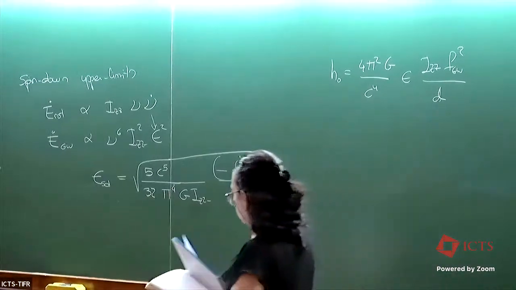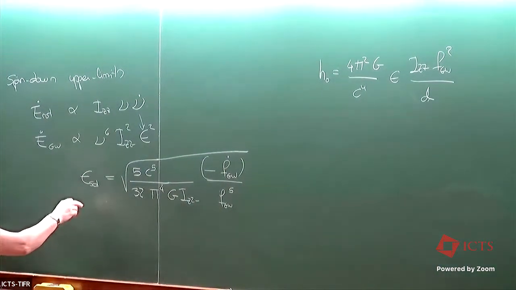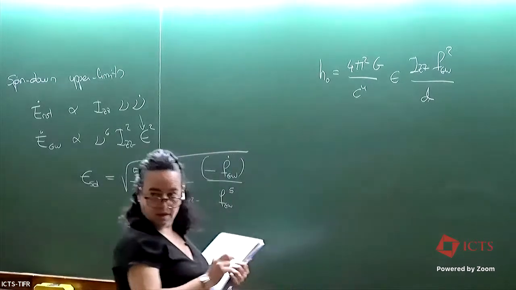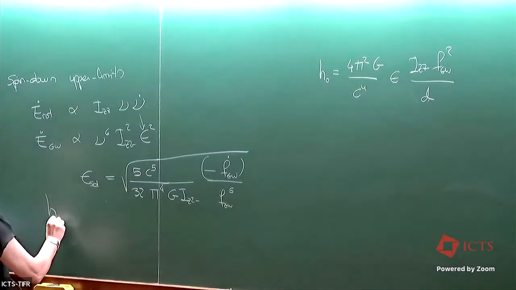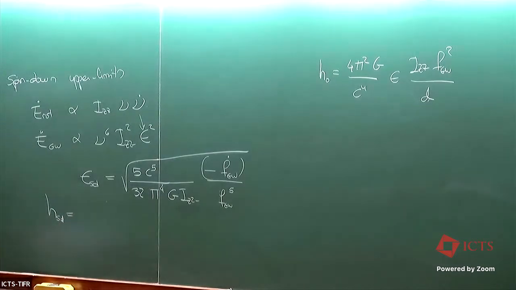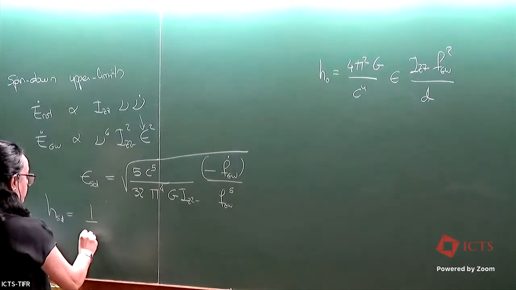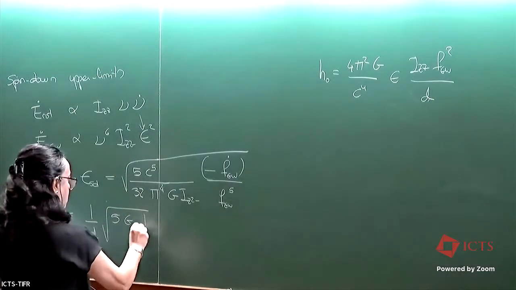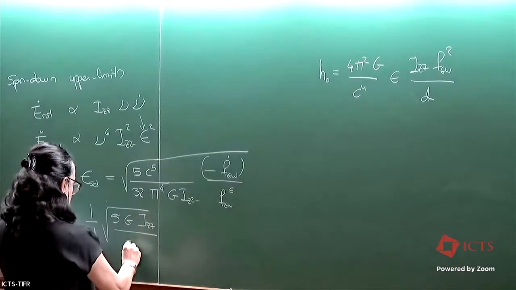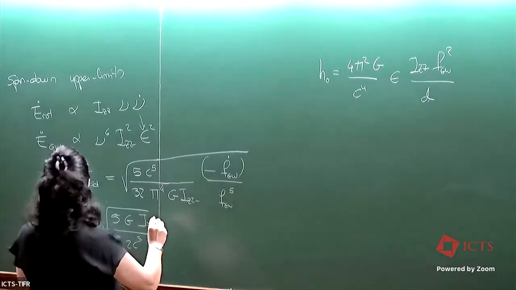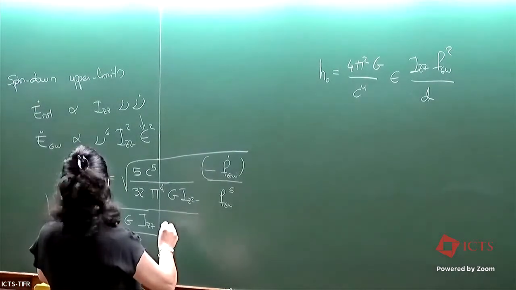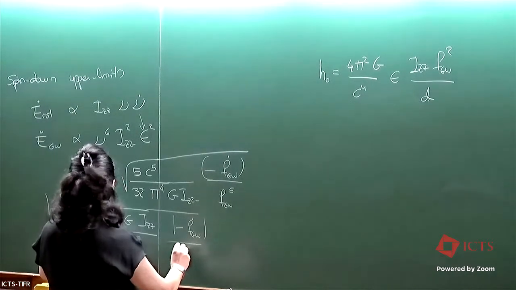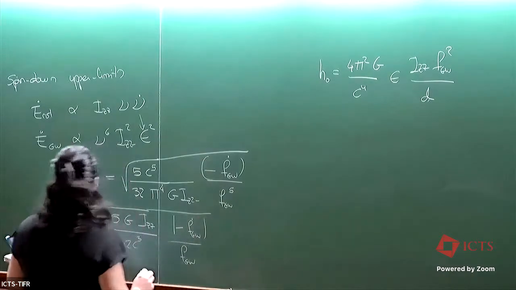The distance. So basically, when we know this, we can plug this value in here, and then we can derive the maximum spin-down amplitude, that in this case is going to depend on the distance of the source and this quantity here.